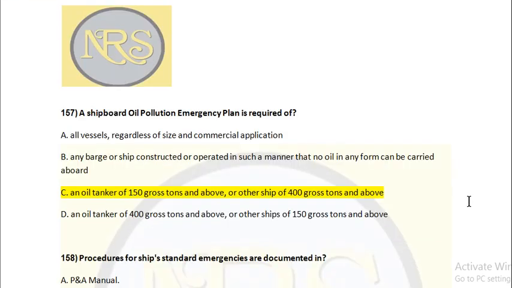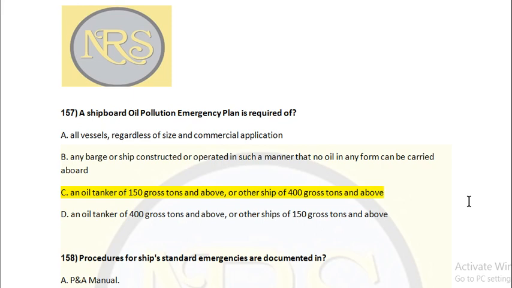Question number 157. A shipboard oil pollution emergency plan is required of, as explained in MARPOL Annex 1: option A, all vessels regardless of size and commercial application. Option B, any barge or ship constructed or operated in such a manner that no oil in any form can be carried aboard.